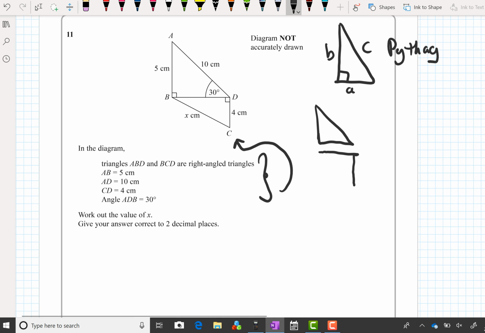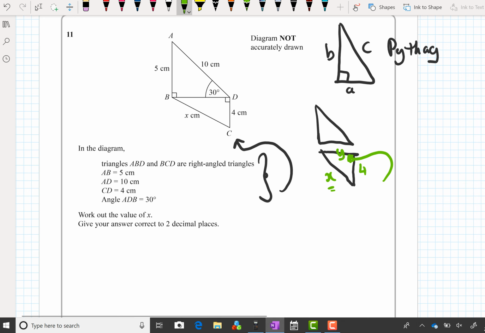If we could work out this length, we won't call that x because the other one's called x, that's just a little bit confusing. Let's call it y because it's close to x in the alphabet. If we could work out this one, we could then use Pythagoras' theorem to find the missing side here.